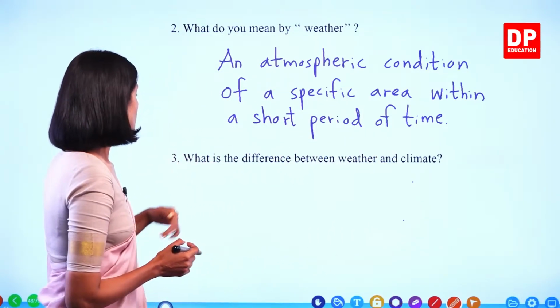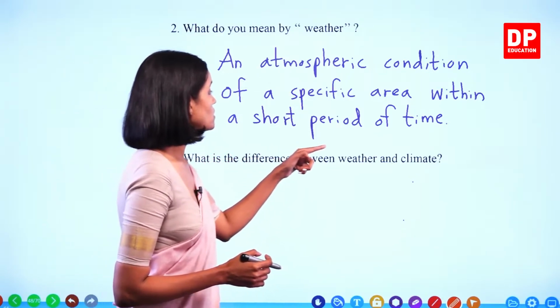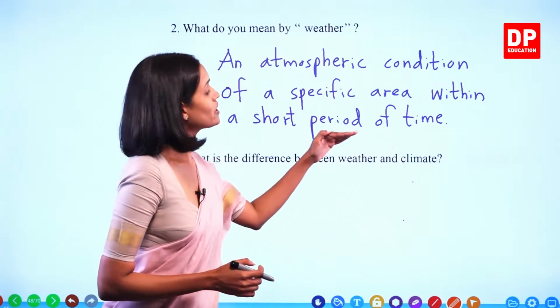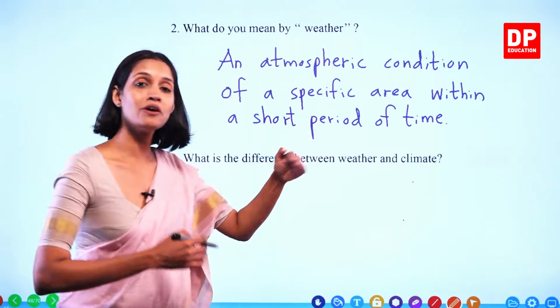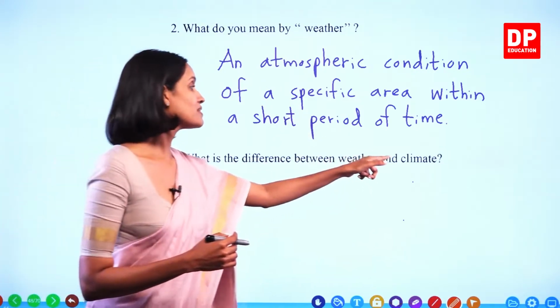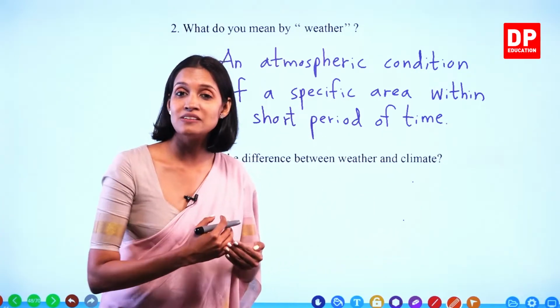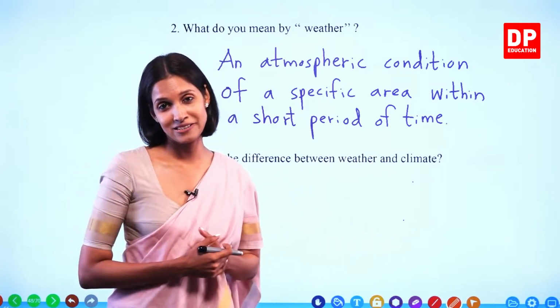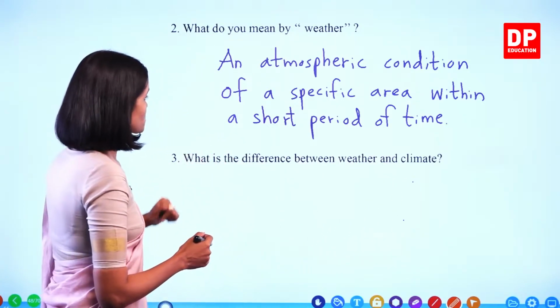Number 3. What is the difference between weather and climate? Now, when it comes to weather, we consider about a short period of time. Climate means we consider about a longer time period. Right, children? Let's write.